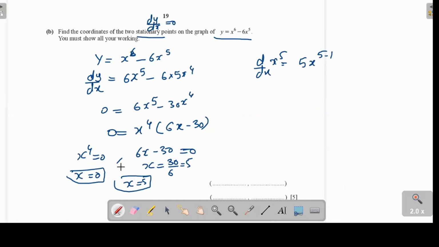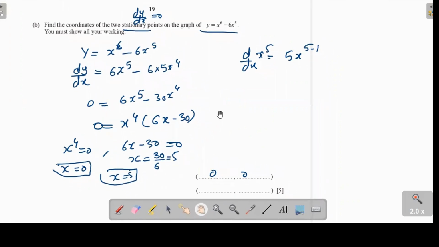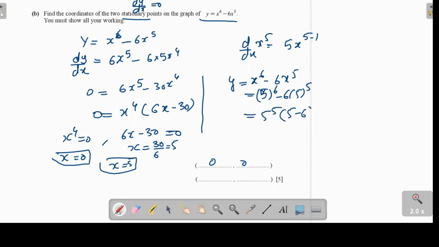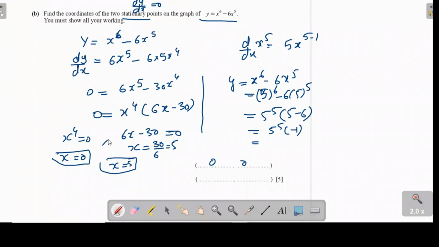When x is 0, y is 0, and when x is 5, y equal to x^6 minus 6x^5. Therefore 5^6 minus 6 into 5^5. Here 5^5 is 3125, so 15625 minus 18750.